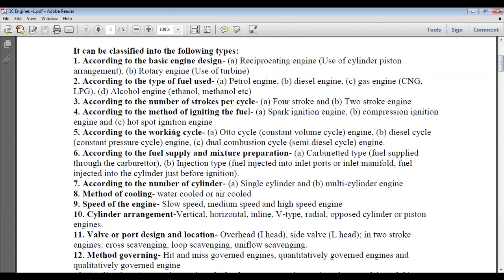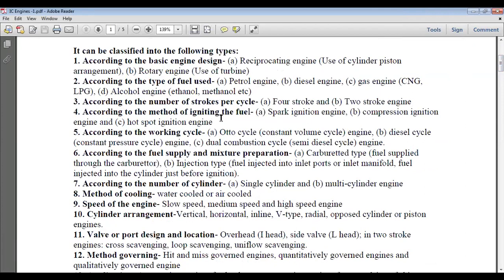It can be classified into the following types. This is its further classification, let us look at it briefly. As per the basic engine design, it is a reciprocating engine or rotary engine. According to the type of fuel used, it may be a petrol engine, diesel engine, gas engine, or alcohol engine. As per the number of strokes, 2-stroke or 4-stroke.